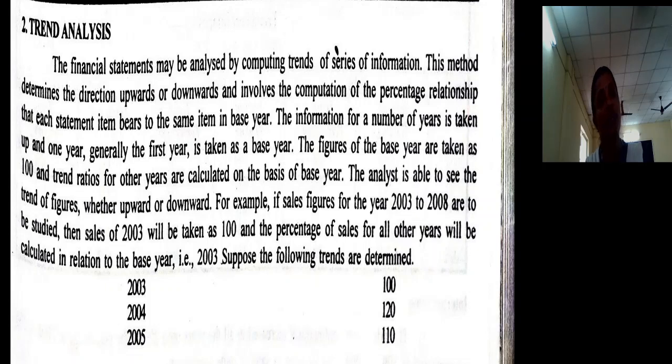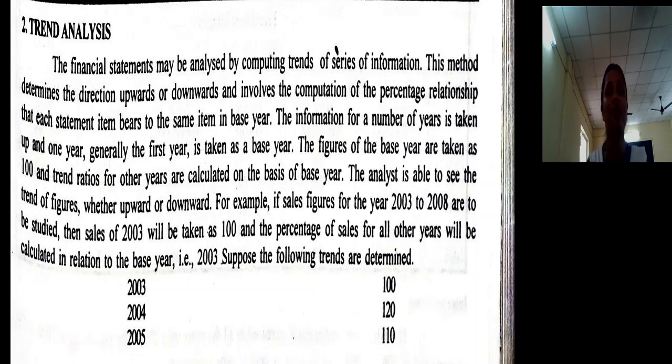By concentrating on changes, it is possible for us to identify whether a particular financial aspect moves upward or downwards, not just in absolute figures, but in terms of percentage, that too, a particular item's percentage relationship with the same item in the base year.